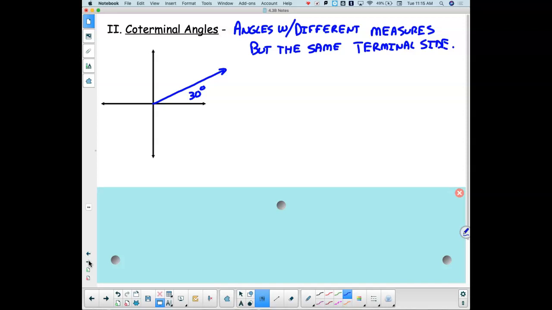So theta is 30 degrees. A coterminal angle would be negative 330 degrees. Would you agree with that?